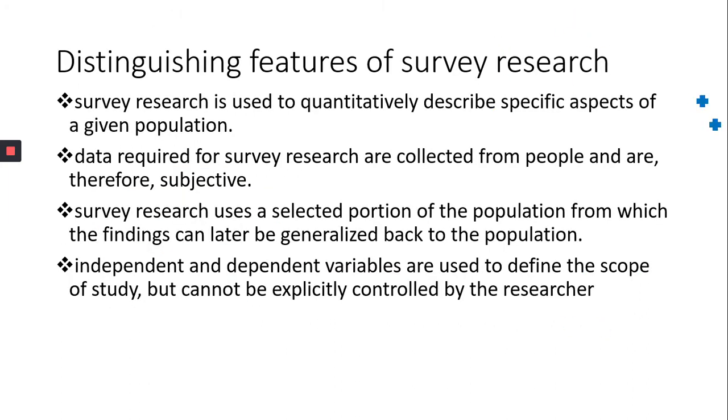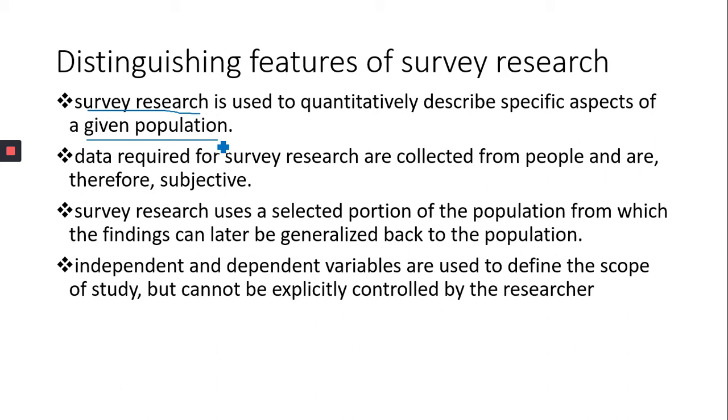Now, what distinguishes a survey? What makes survey research different? Survey research is used to quantitatively describe specific aspects of a given population. A population in this case can be farmers, or a group of fishing companies.